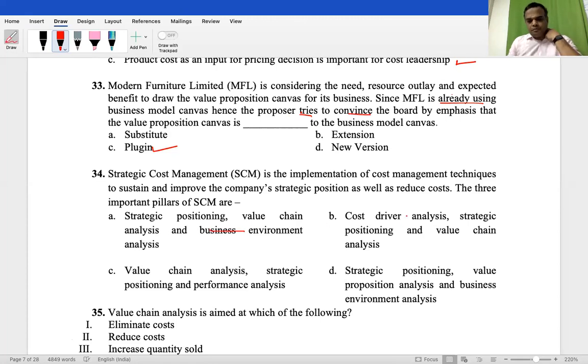Option B, cost driver analysis, strategic positioning, and value chain analysis. Option C, value chain analysis, strategic positioning, and performance analysis. Option D, strategic positioning, value proposition analysis, and business environment analysis. So option B is the correct one: cost driver analysis, strategic position analysis, and value chain analysis. Next.